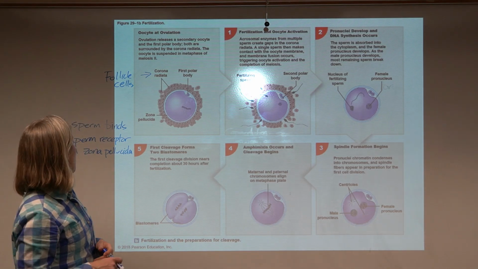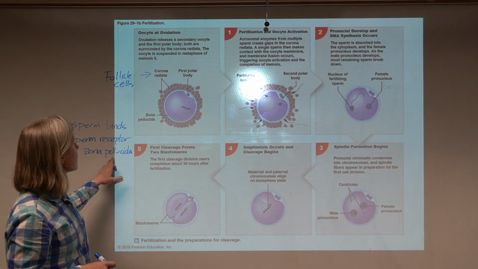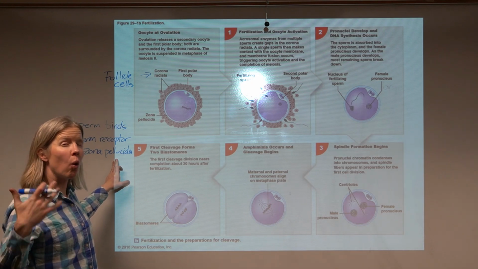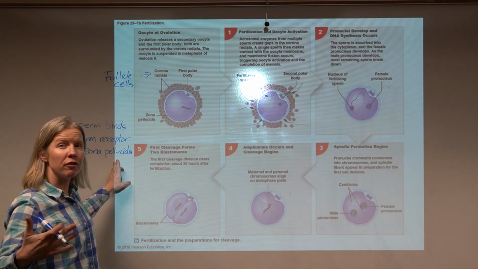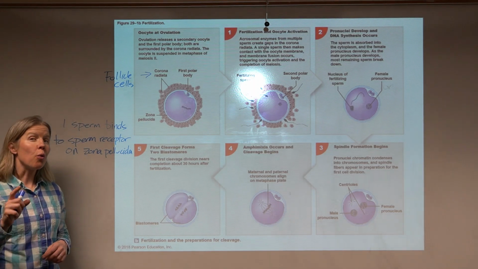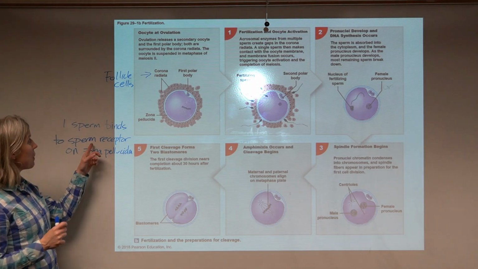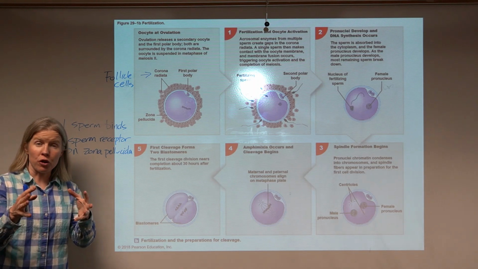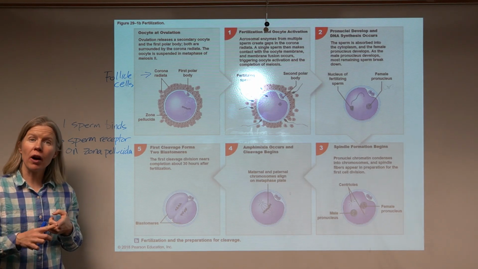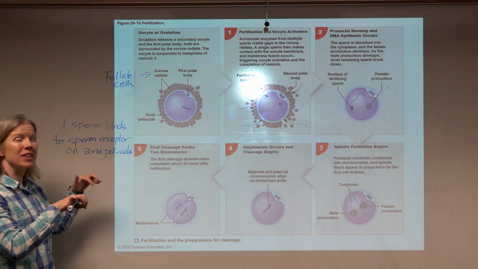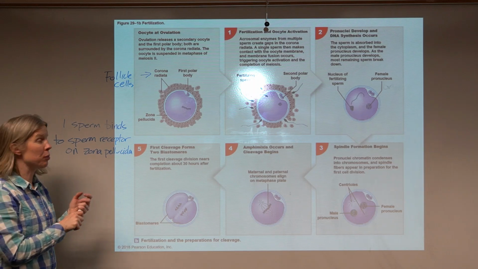Okay, now once we bind with this sperm receptor, this is going to set off a whole series of events in the oocyte. So the one lucky sperm that actually makes it to this receptor, the acrosome is going to rupture, and that sperm's hyaluronidase and another enzyme called acrosin are basically going to digest through the zona pellucida.